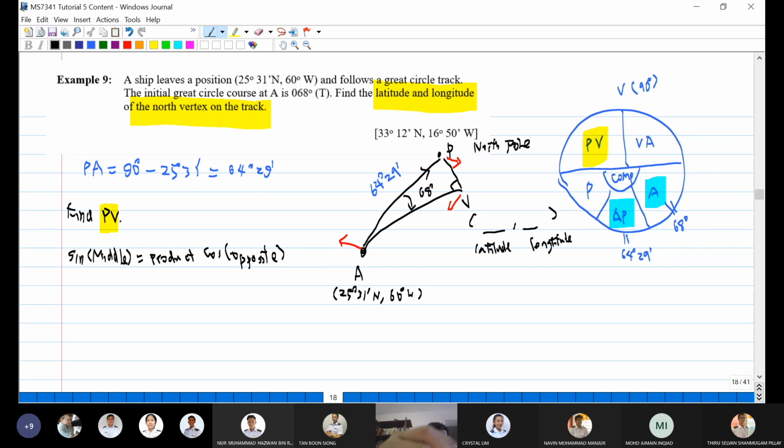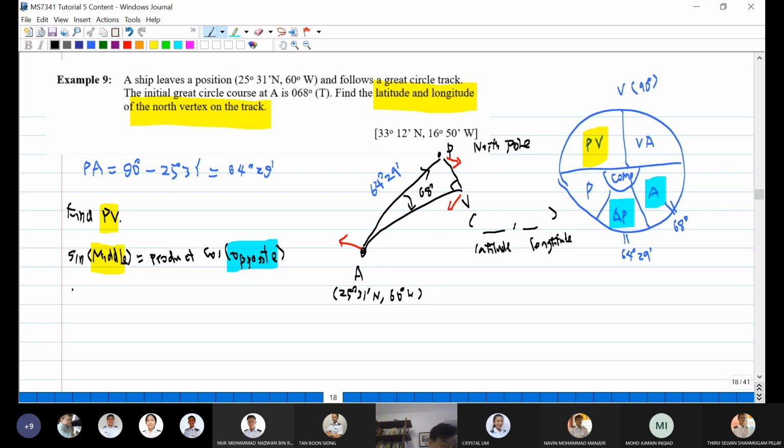Okay, so this is how to find PV here. The sine of middle part is the product of the opposite parts. Both of them are in the lower part of the view, so you have to make a comp there.